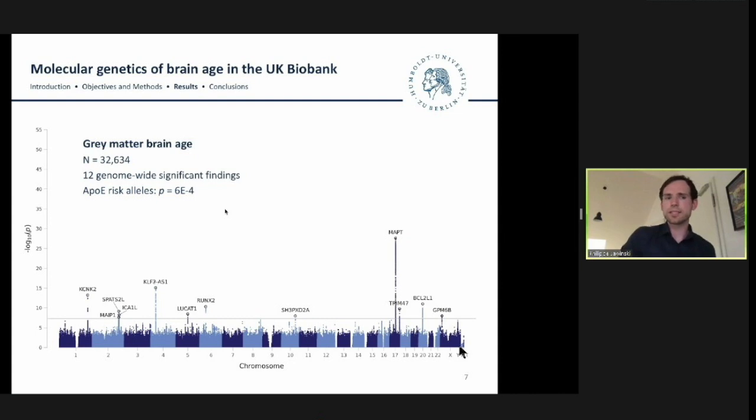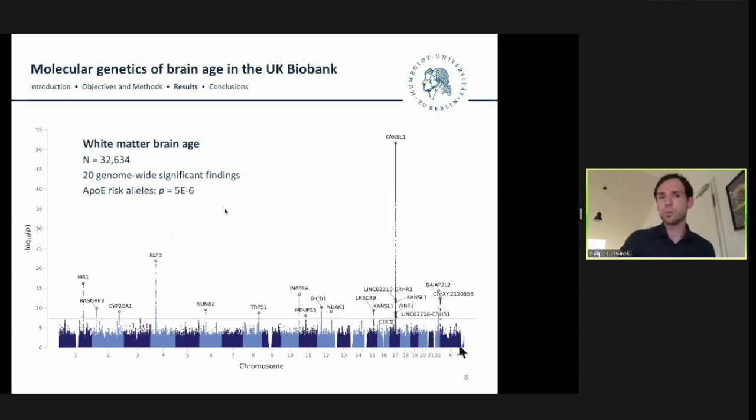So the evidence was even more compelling for the white matter brain age estimates. We discovered 20 independent genome-wide significant findings. And again, risk alleles of Alzheimer's disease in the ApoE gene were nominally significant. And we have a very strong locus here on chromosome 17.